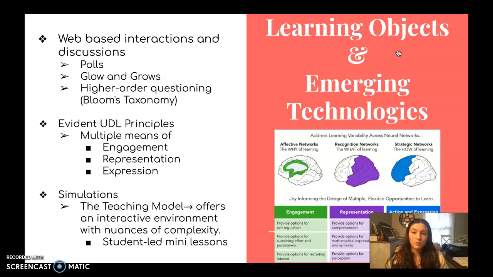Glows and grows, having students share something that went really well for them during a class and something that they could grow upon in a later lesson. And higher order questioning using Bloom's taxonomy to really have an inquiry-based discussion over certain mathematic concepts. So these interactions and discussions were all done on Microsoft Teams, and it kept the conversation moving.